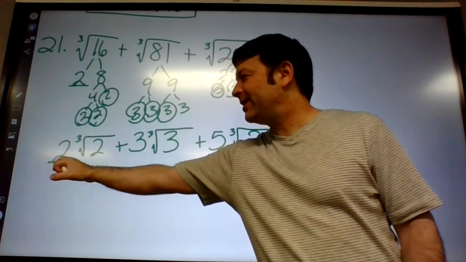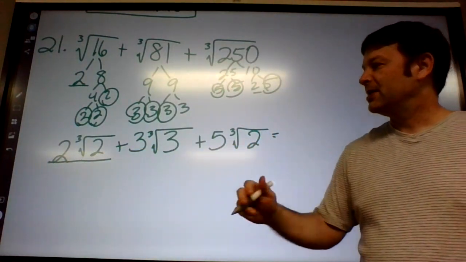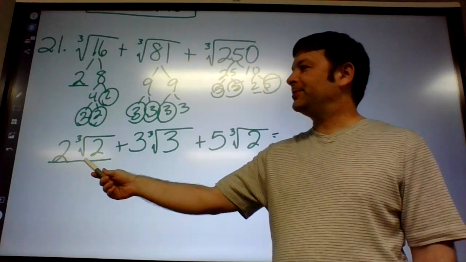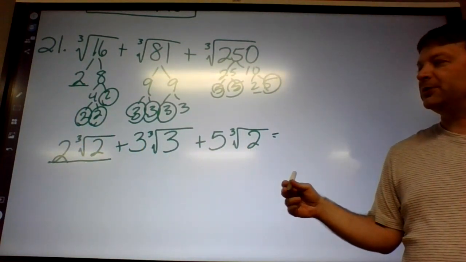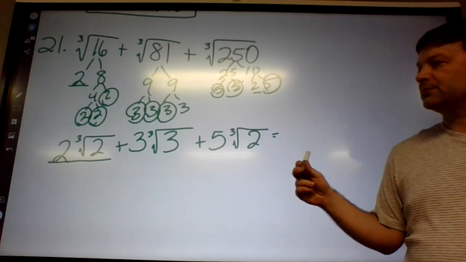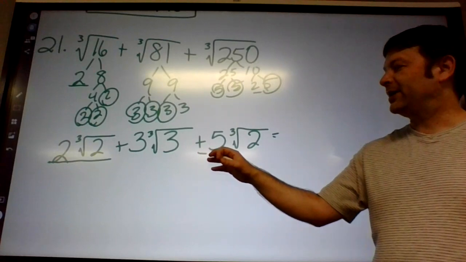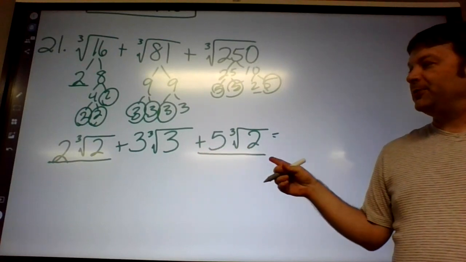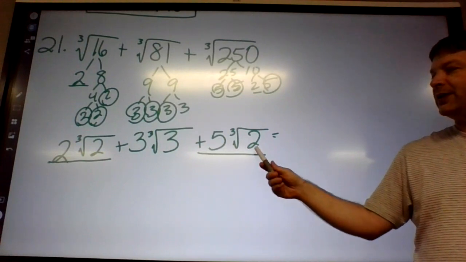Okay, you know what we can do next? If they're like terms, they can go together. Are any of these 3 like terms? Not all of them. The first and the last one. These are both cube root of 2. So we have 2 of this thing plus 5 of that thing.